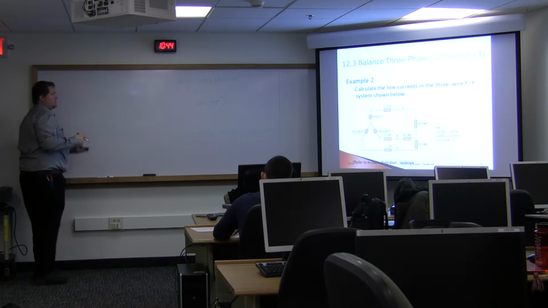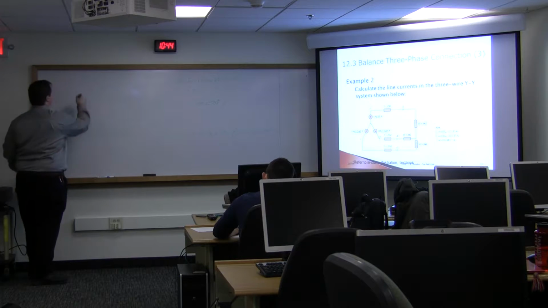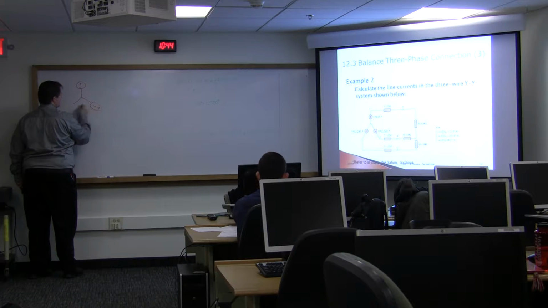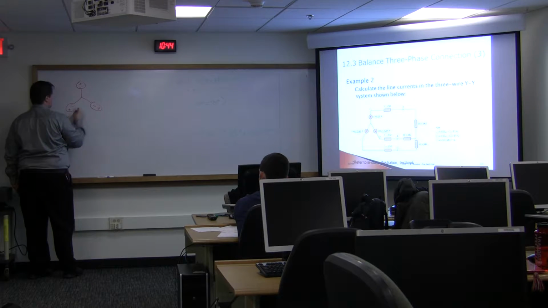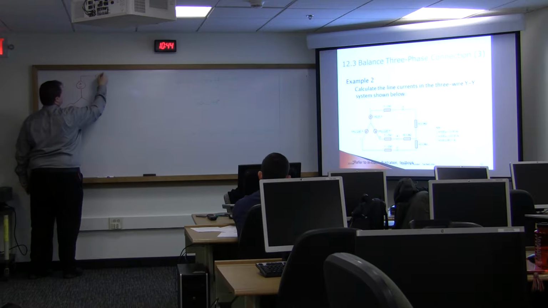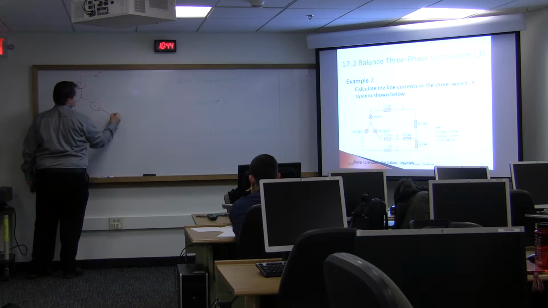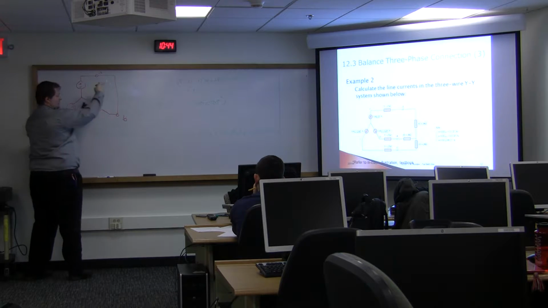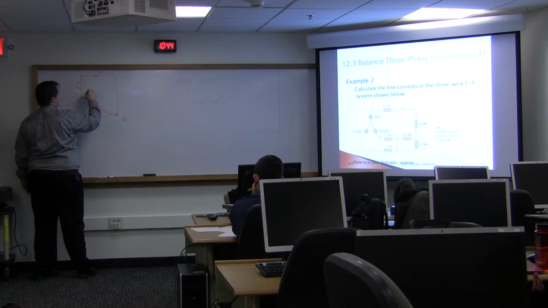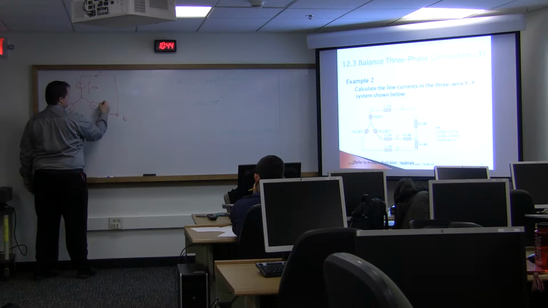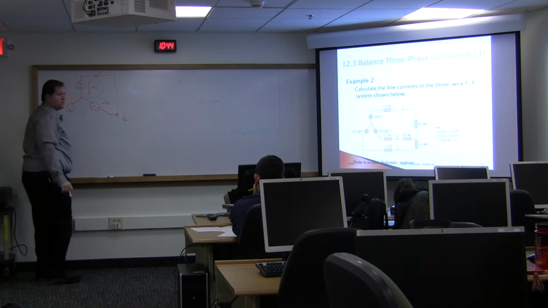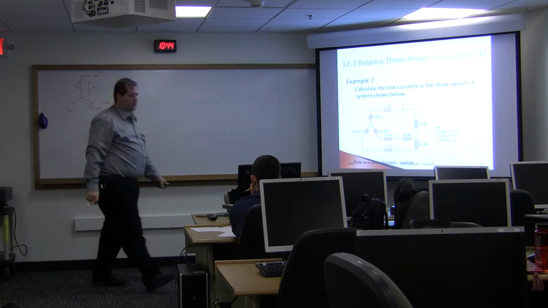But if I were starting here and I went around the loop, and this is point A, and this is point B, and I just connected these together, and this is what I wanted to measure my voltage across, I would just have negative VA plus VB, and that gives me my voltage across the line.